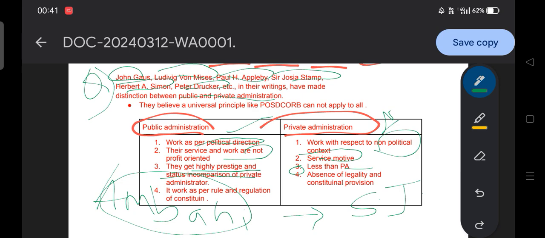Yes, Ambani earns much more money than our public executives, but still who gets the high status and prestige in society? The political executive, the foreign secretary. An IFS officer or foreign secretary gets much more status and prestige in society than a private employee or private boss or owner. Hope you understand.